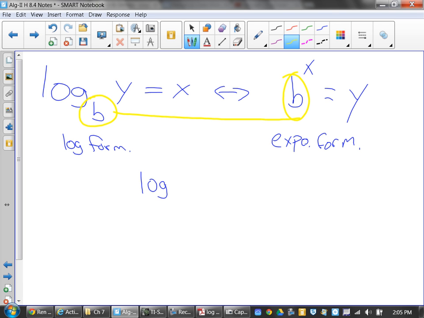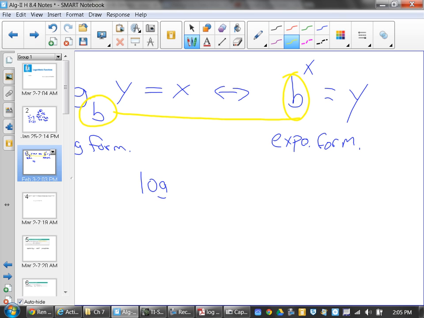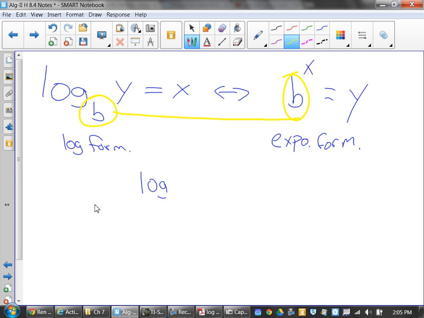Log base 3 of x. I'm trying to think of one that works. Well, let's do a real example. Let's write it like this for right now.